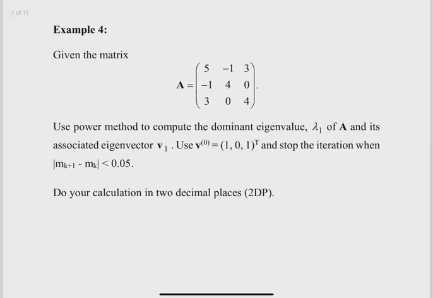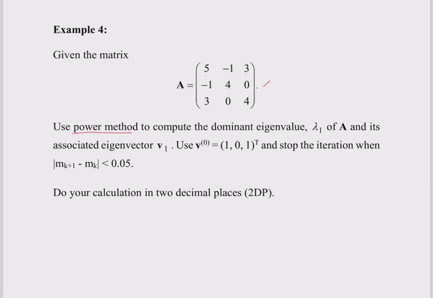This is the matrix given here, matrix A, and we need to use the power method to compute the dominant eigenvalue lambda 1 of A and its associated eigenvector v1.